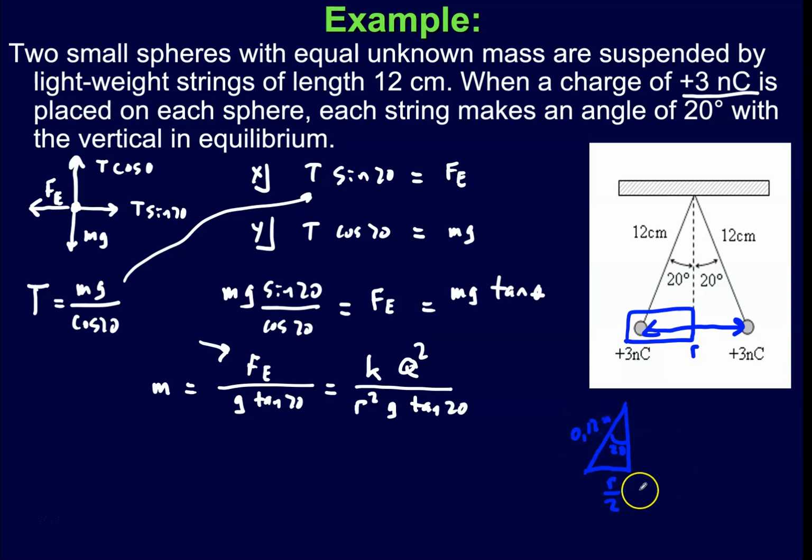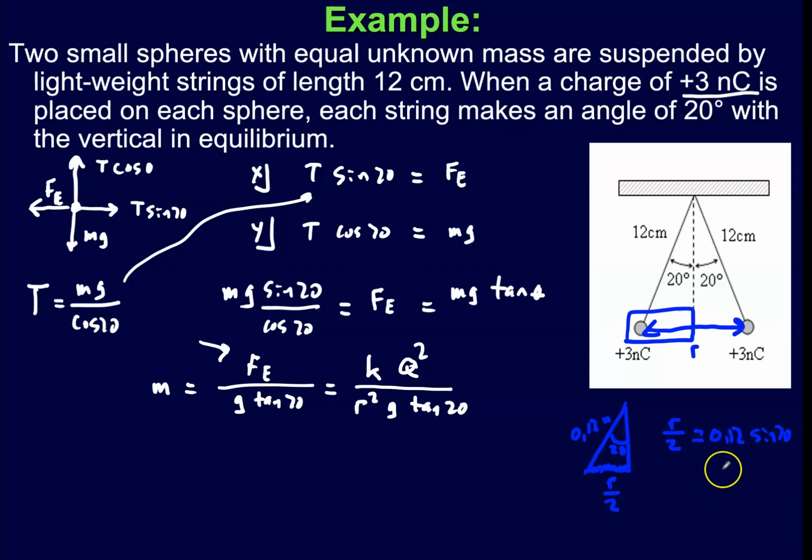So R divided by 2 is going to equal this side of our picture, which I'd call 0.12 times sine of 20.